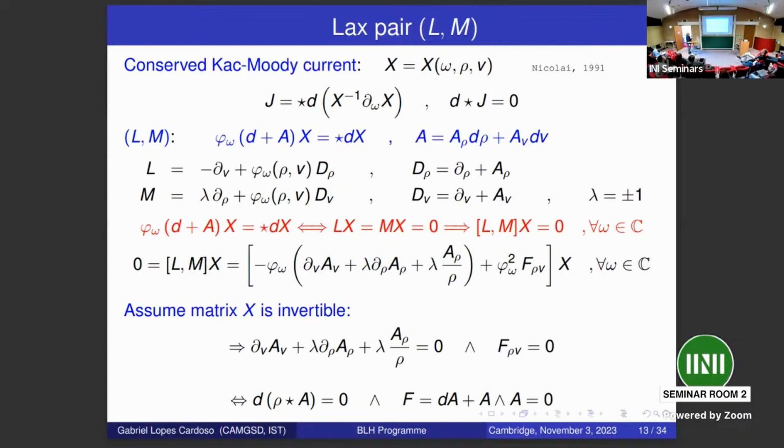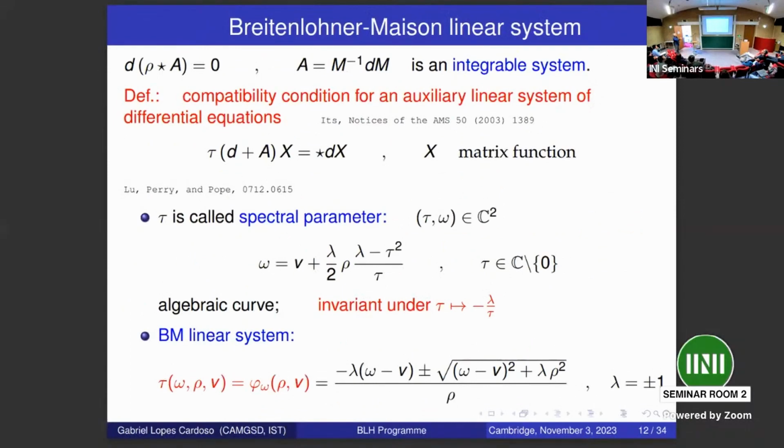Now, this is precisely the equation of motion which you want to solve. And this is simply the statement that A is a flat connection. So indeed, the compatibility condition for this Lax pair implies the equations of motion. And this explains what I told you, that the equations of motion are the compatibility equation for the Lax pair.